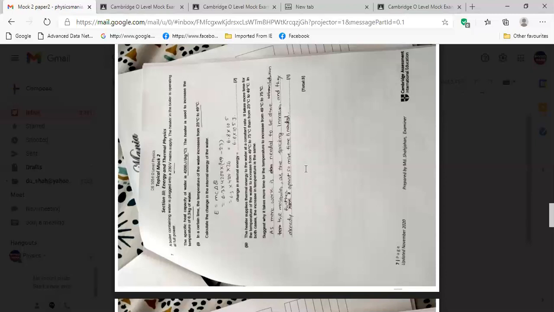But as some energy is lost in the surroundings, now you have to give 20 more joules, right? Yes, sir. So energy is lost because it is exothermic. Yeah, correct.